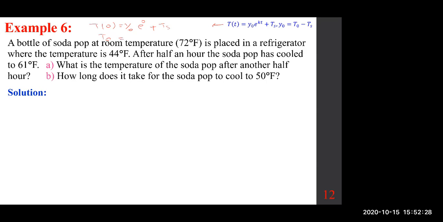E to the power of 0 is 1, so this is y sub 0 plus T sub s. So what is y sub 0? Y sub 0 is the change in the two temperatures. So I hope you see, in essence, the proof as to why y sub 0 is always the difference in temperatures. Okay? Class, y of 0 and y sub 0 refer to the same thing, the initial y. T sub 0 and T of 0 mean the same thing.